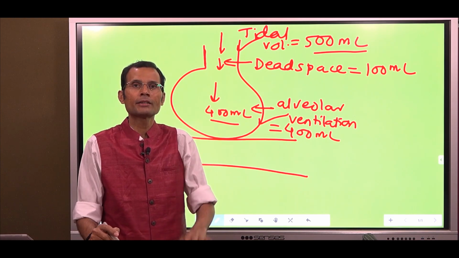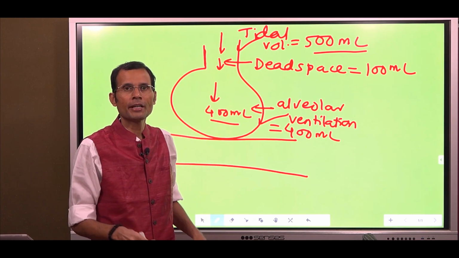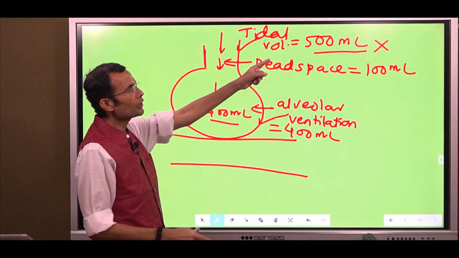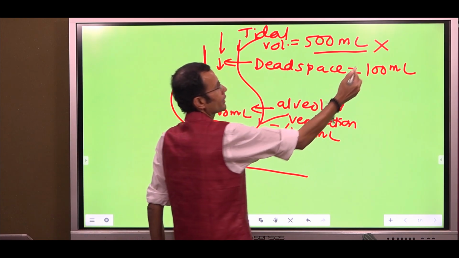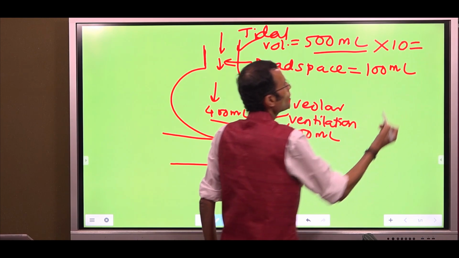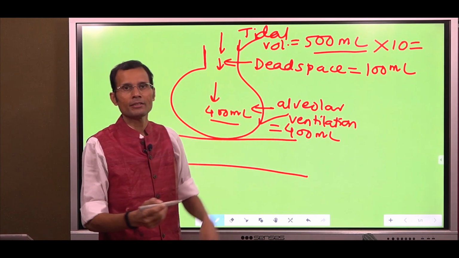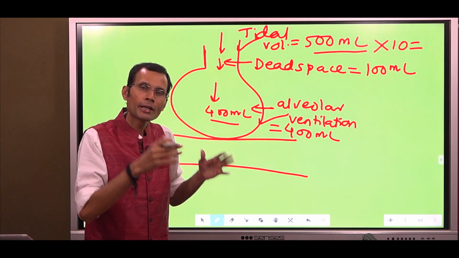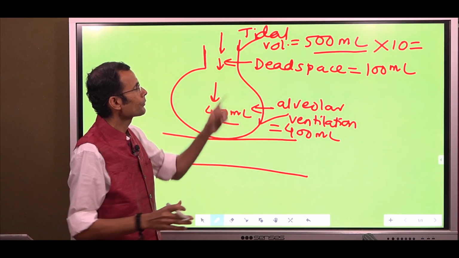Let's say 10 breaths per minute is the respiratory rate. That means in each breath you inspired 500 ml. Then in 1 minute, how much will you inspire? 5 liters. That will be respiratory minute volume, or minute ventilation.